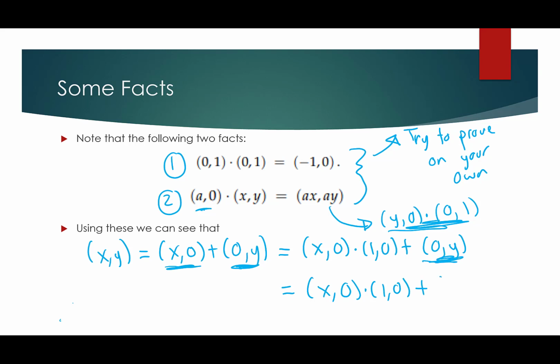I can rewrite it as y comma 0 times 0 comma 1. It doesn't look like I did much there, but notice we flipped the second coordinate into the first coordinate, but it came at a cost of 0 comma 1. So what this is telling us is that we can write x comma y as a linear combination of 1 comma 0 and 0 comma 1. For those of you that know linear algebra, this is getting at the idea of a basis or basis vectors.